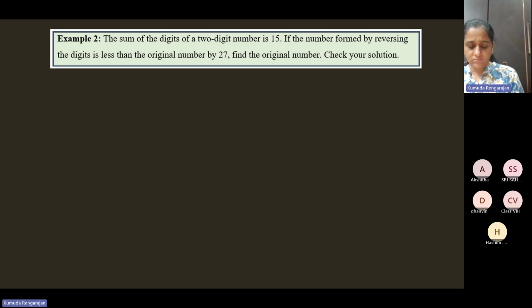21 minus 37. Plus 57. 42. 51. So reverse the other number, 20 minus the answer, 20 minus 27.